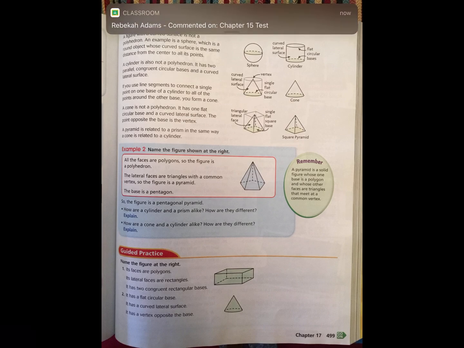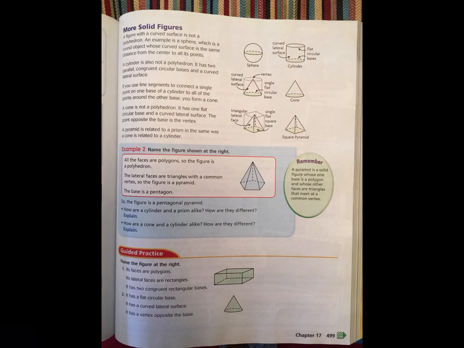Lateral because it's not the base. Same thing on a cone, except a cone only has 1 base, the flat circle on the bottom. The remaining bit is a curved lateral surface, but a cone has a vertex at the top. Cylinder does not. It has a circle on top. Cone has a vertex on top.